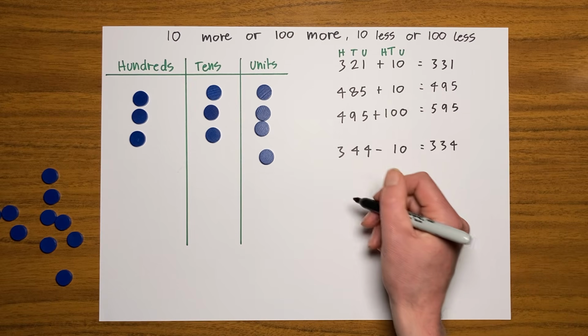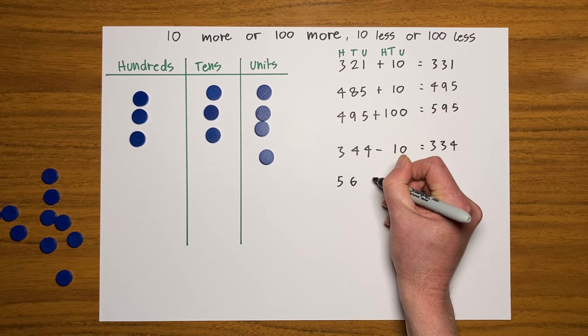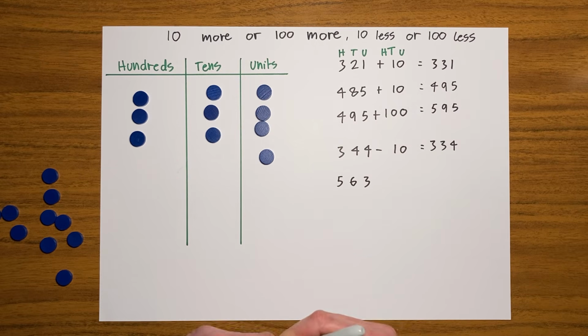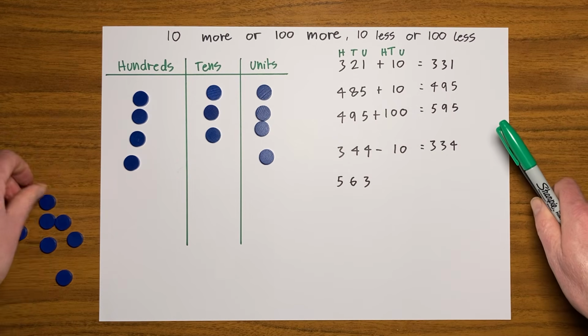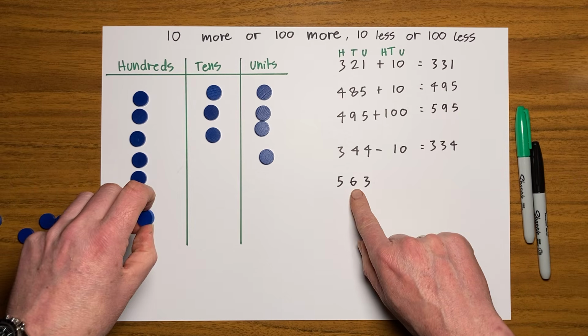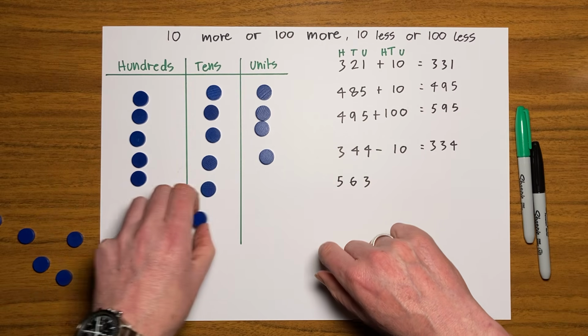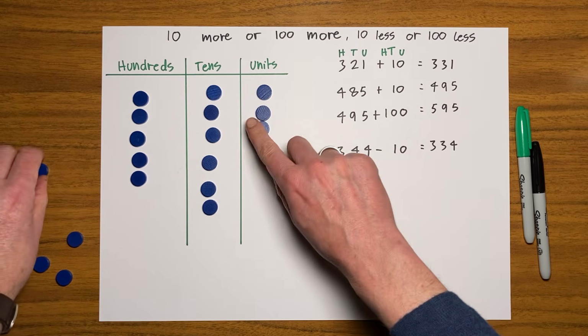And that will work exactly the same for hundreds. So let's do 563. Let's get that in first. So I've got 500. 63. 60 is 6 tens. 10, 20, 30, 40, 50, 60, and I've got 3 units.